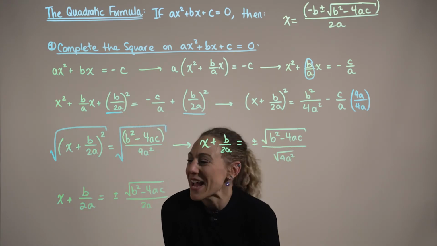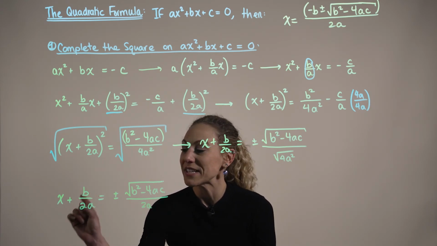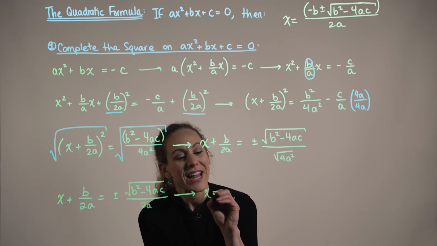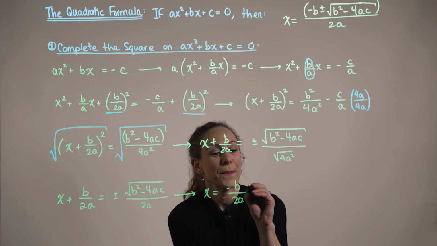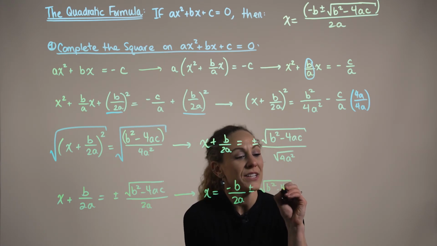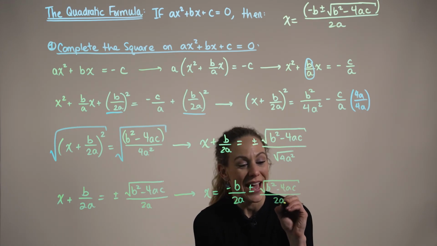And we're so close now. The last thing that we need to do here is isolate x by subtracting the ratio b over 2a from both sides. So we have that x is equal to minus b over 2a plus or minus the square root of b squared minus 4ac, and that's all divided by 2a.